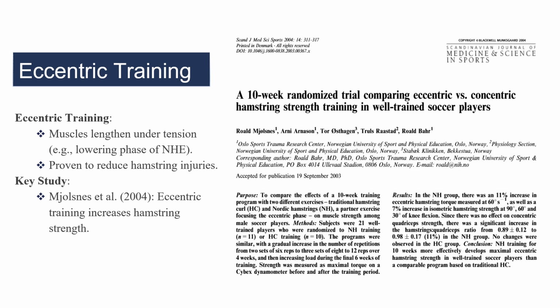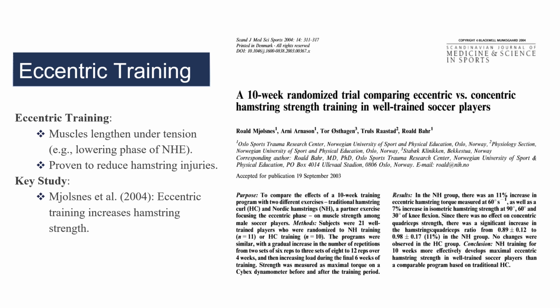What they found was that the group doing the Nordic hamstring exercise had an 11% increase in eccentric hamstring torque, and a 7% increase in isometric hamstring strength at 90 degrees, 60 degrees and 30 degrees of knee flexion.